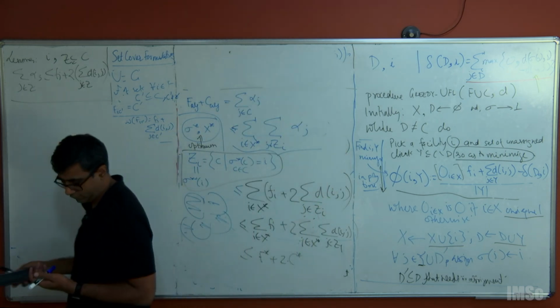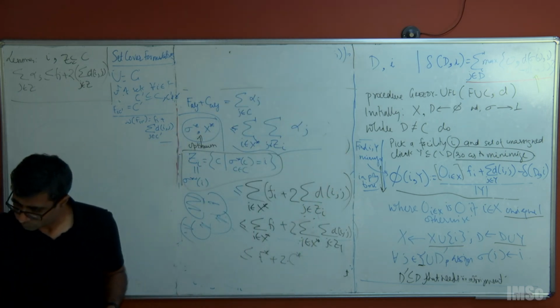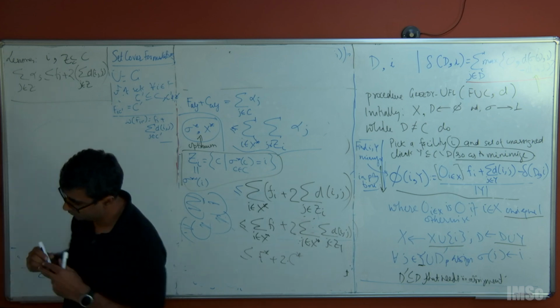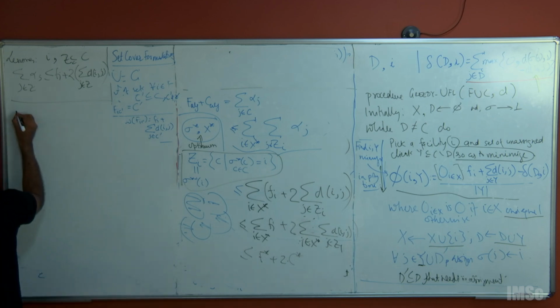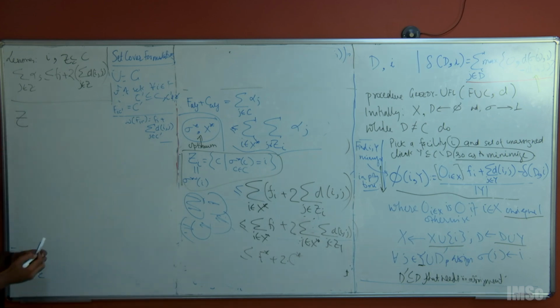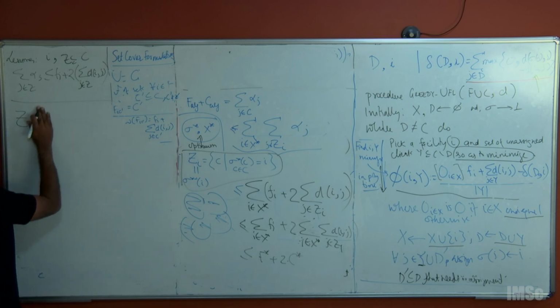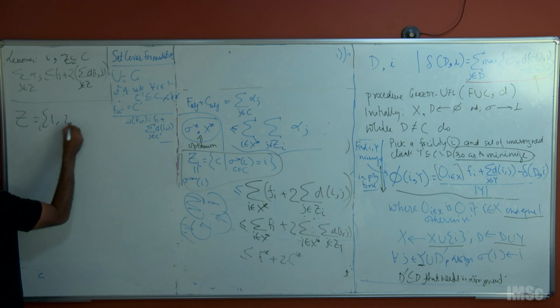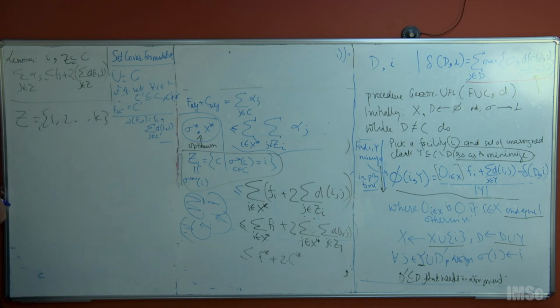Now what I do is the following. Let's look at this Z, and let's order these clients. Suppose Z is like 1, 2, up to k.